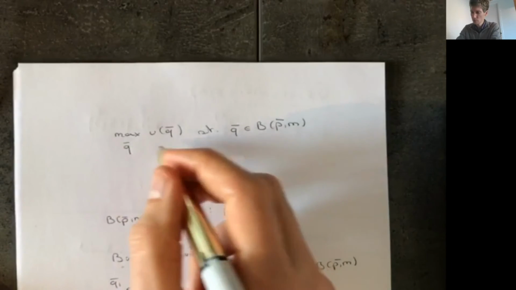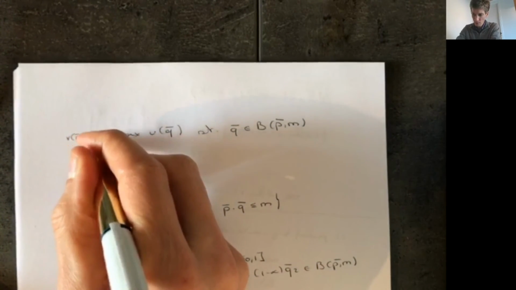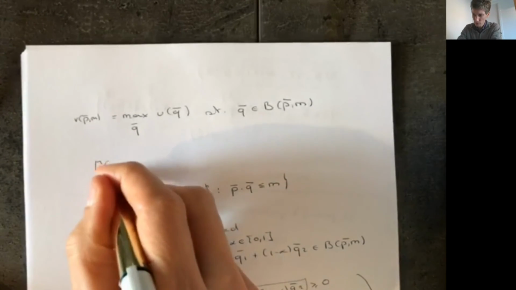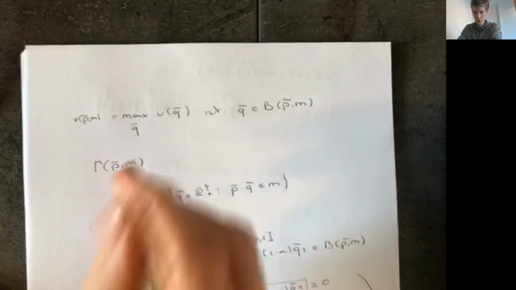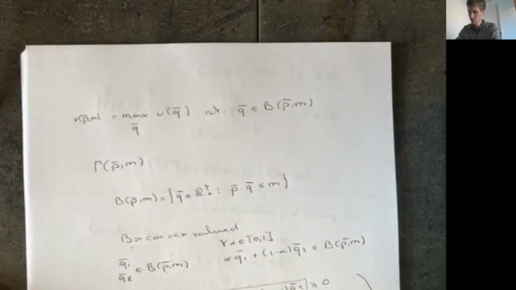Okay, so from this we derive the indirect utility function, and we derive the demand correspondence, right? All the optimal utility maximizing bundles.